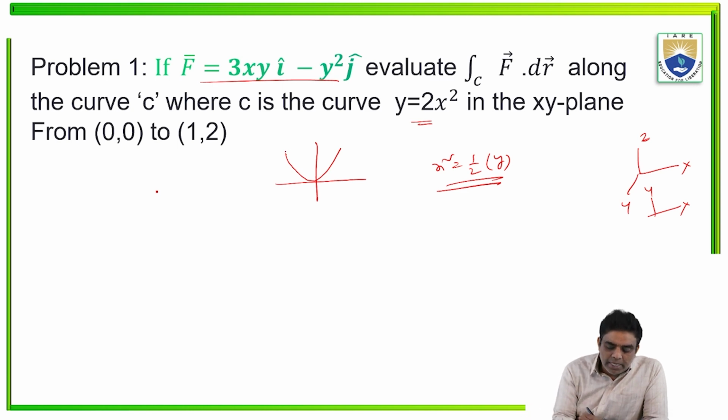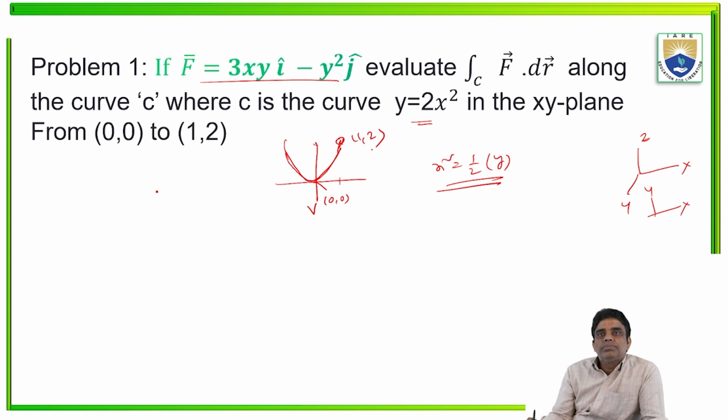The parabola has the point 0, 0, the vertex, and another point 1, 2 on the parabola.